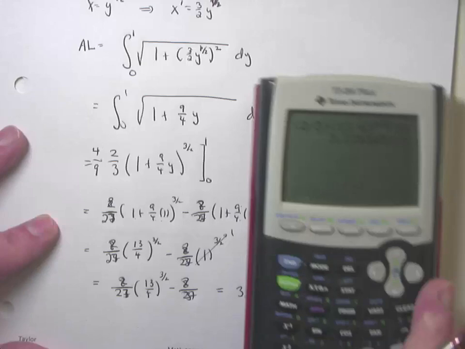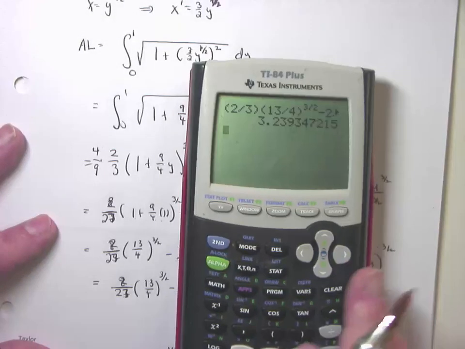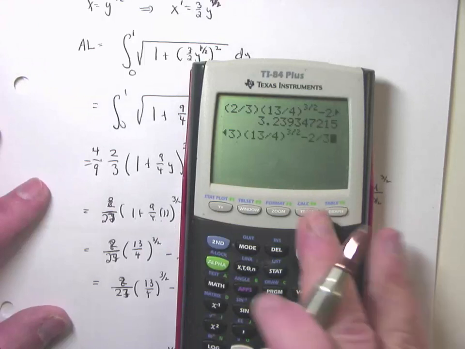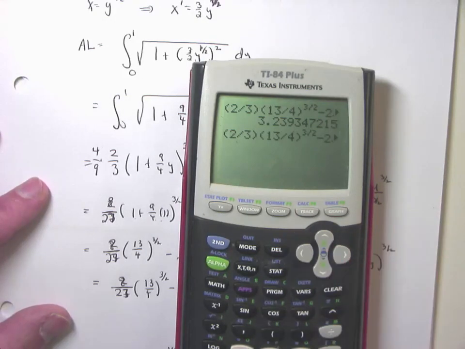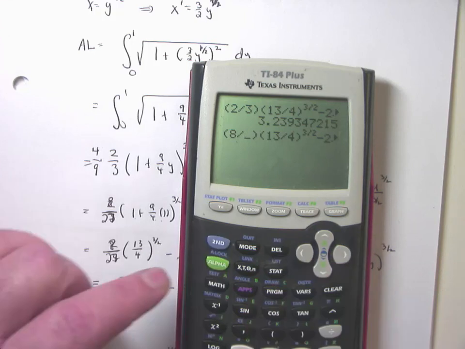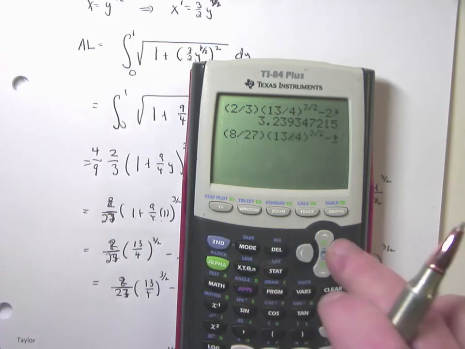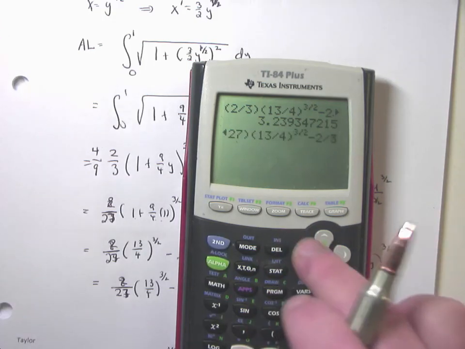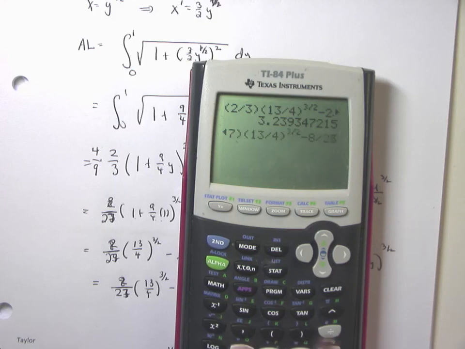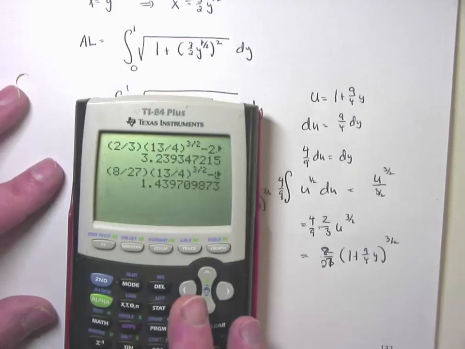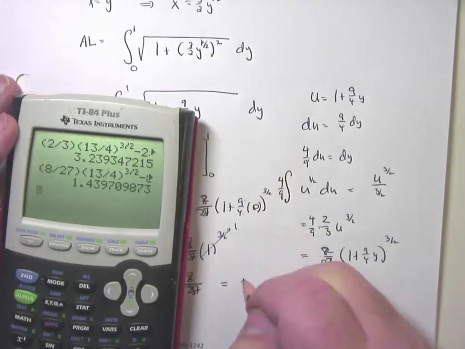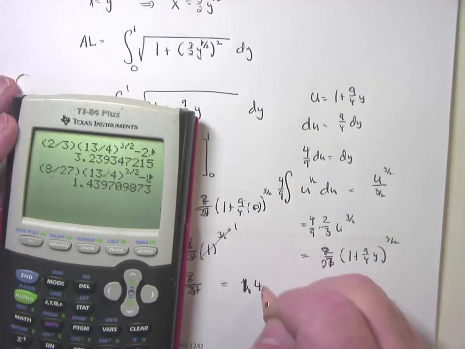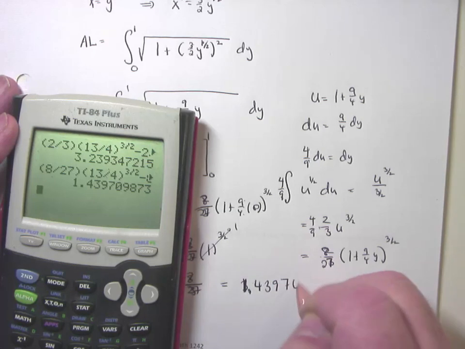So making that constant over here, just to make it look exactly what I typed in, the new coefficient up front was actually 8/27. And I end up getting the answer 1.4397, so that is 1.439709873.